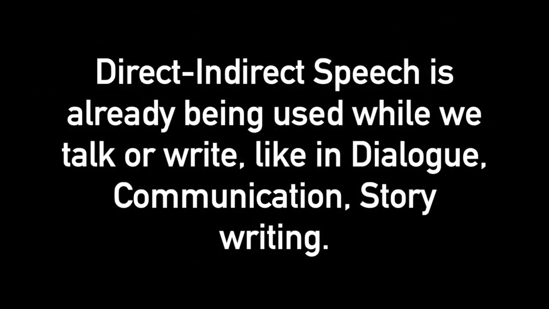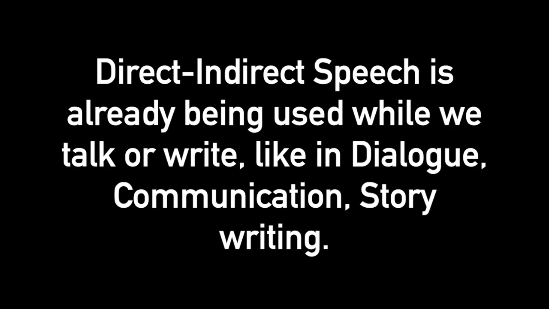So thus you see, my friends, direct and indirect speech, if you observe, they are already being used when we are talking or when we are writing. For example, in dialogue, in communication, we are always using direct speech. And when you are telling the same thing to another person, then it is indirect speech.